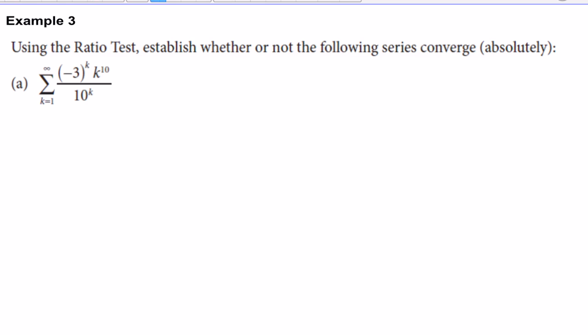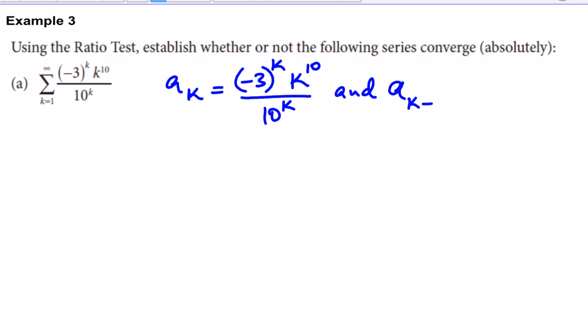So what I'm going to do is my s_k will be (-3)^k times k^10 over 10^k, and s_(k+1) will be (-3)^(k+1) times (k+1)^10 over 10^(k+1).